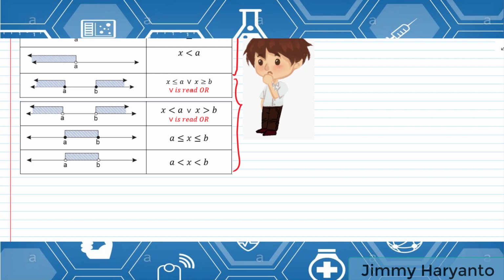V is read or. So x less than or equal to a, or x greater than or equal to b. Why is it greater? Because the shading is to the right side. How about this one? The dot is not colored, so we write x less than a or x greater than b. Okay, no equal to.